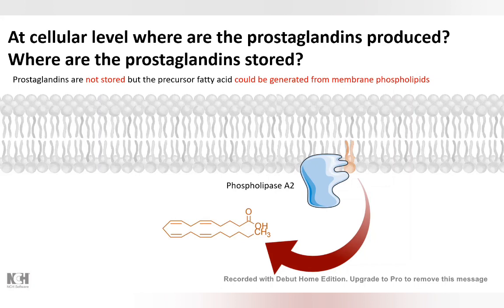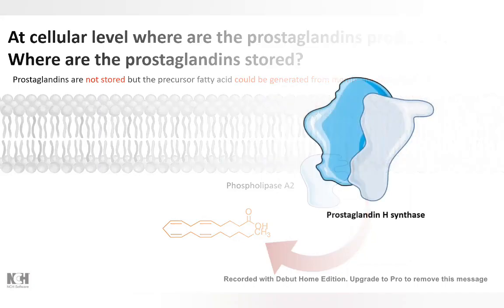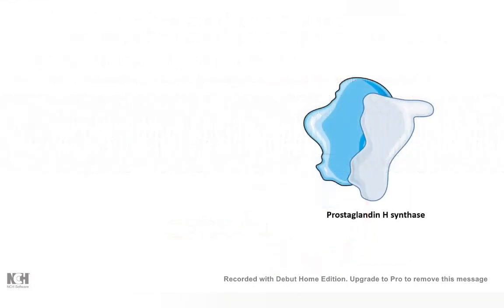So this is the crucial step. Whenever prostaglandin is required, phospholipase A2 releases arachidonic acid from the membrane phospholipids, and thereby prostaglandin synthesis can take place. The key enzyme in the prostaglandin synthesis pathway is prostaglandin H synthase.